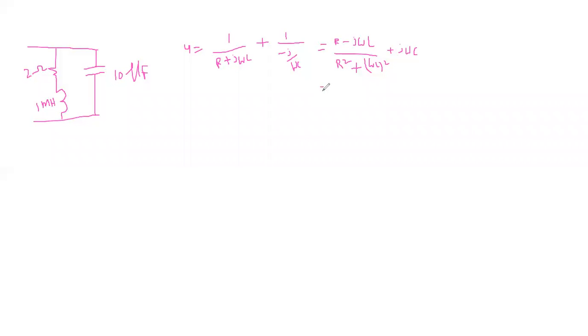Then we'll get R by R square plus omega L whole square, plus, both the terms j is the common, omega C minus omega L divided by R square plus omega L square.